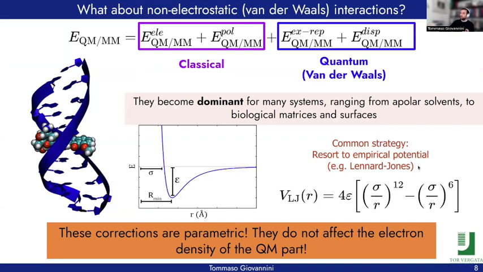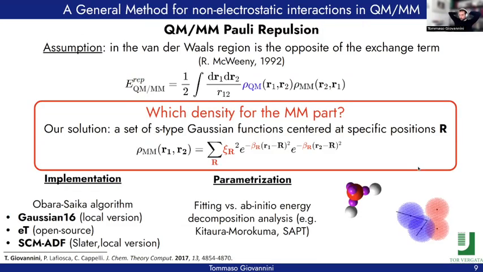How can you do that? We have developed a general approach for non-electrostatic interactions in QM/MM. For the repulsive part, we assume, following the work by McQueen, that we can write the repulsion interaction as the opposite of an exchange integral. Here you see this rho QM and rho MM are the off-diagonal terms of the density matrix of the QM and MM parts.